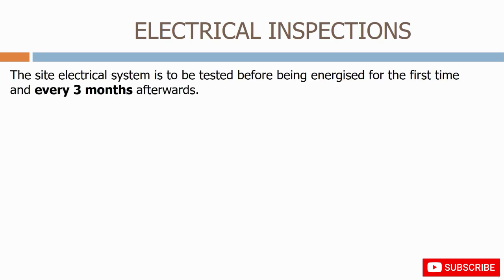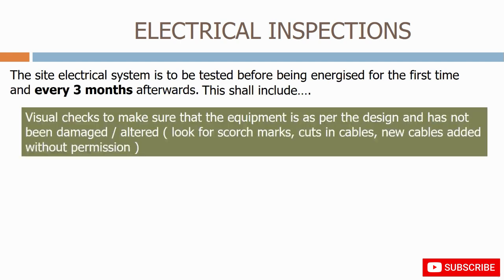The site electrical system is to be tested before being energised for the first time and every 3 months afterwards. This shall include visual checks to make sure that the equipment is as per the design and has not been damaged or altered. Look for scorch marks, cuts in cables, or new cables being added without permission.